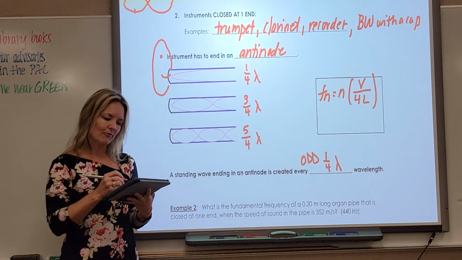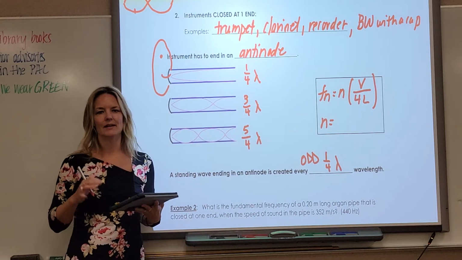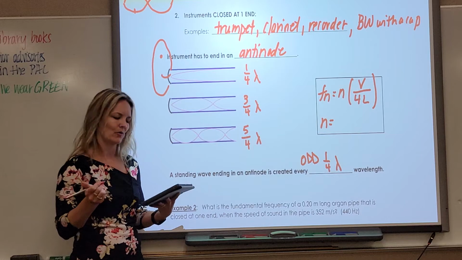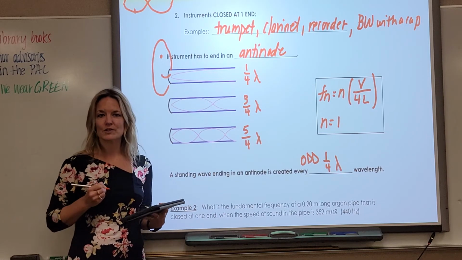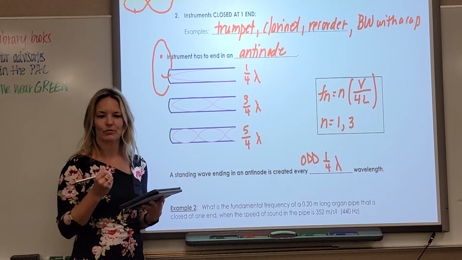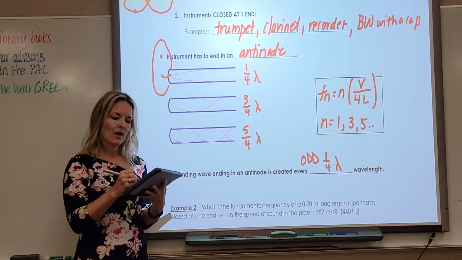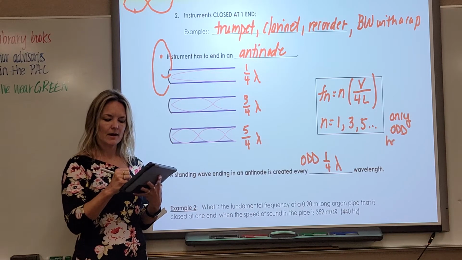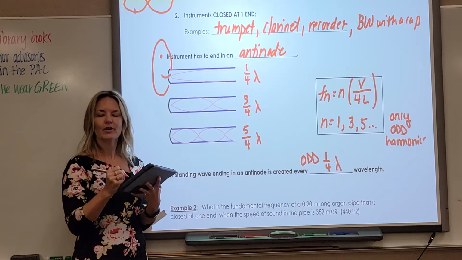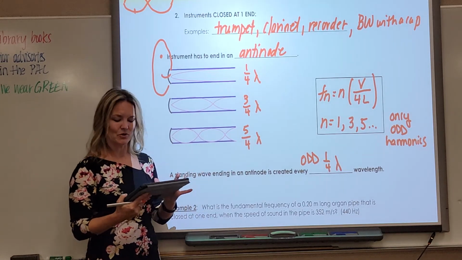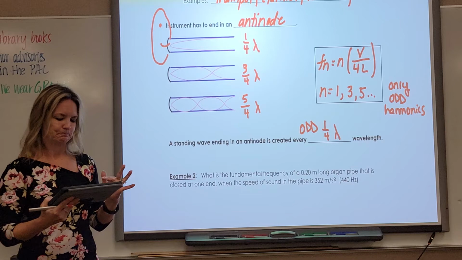But when we solve for it, we can't have n equal every number, because only the odd ones end in an antinode. So you can have the first harmonic be a 1, but then the next harmonic will be a 3, and then a 5. Only odd harmonics occur for these types of instruments, because the evens end in a node and you don't get any good music out of that.